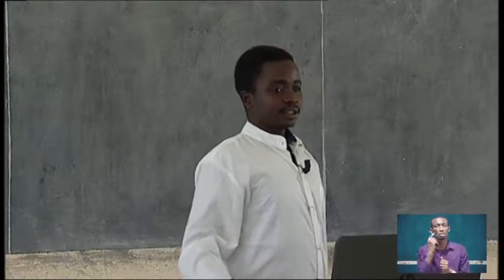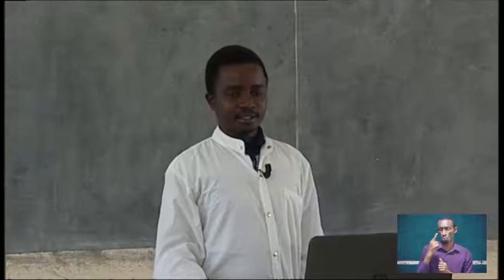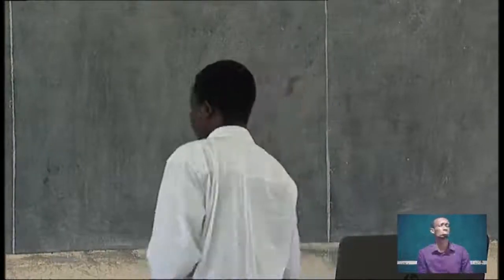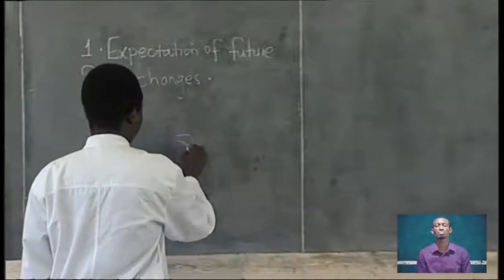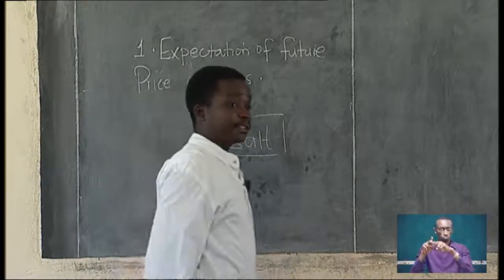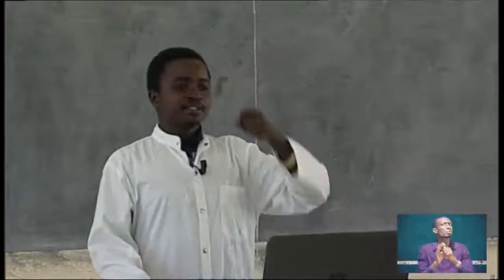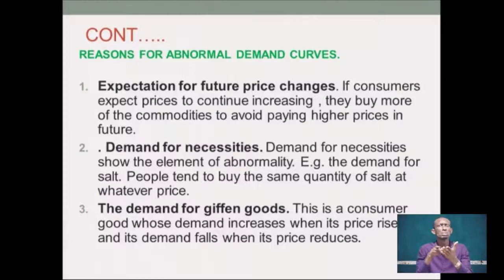Then we have demand for necessities. They have inelastic demand for necessities, so demand for necessities shows an element of abnormality. We have a necessity like salt. This is a necessity good. For salt, people tend to buy the same quantity at whatever price.